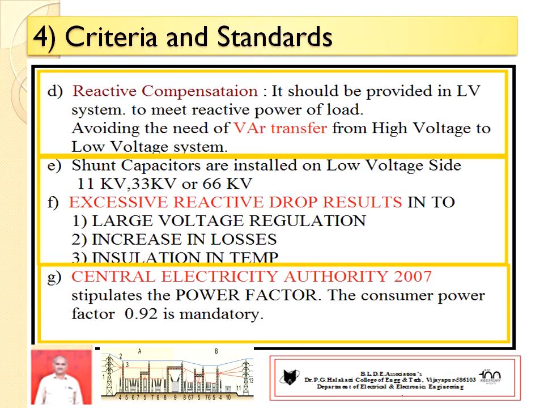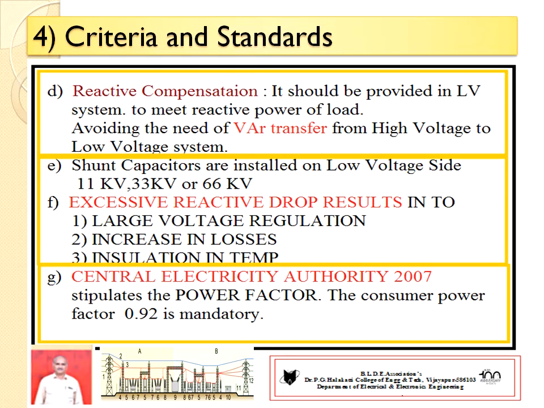Lastly, to overcome these difficulties, the government or supply authority has taken a step. A 0.92 power factor is made mandatory. Hence, the consumer should maintain a power factor of 0.92; it is compulsory.